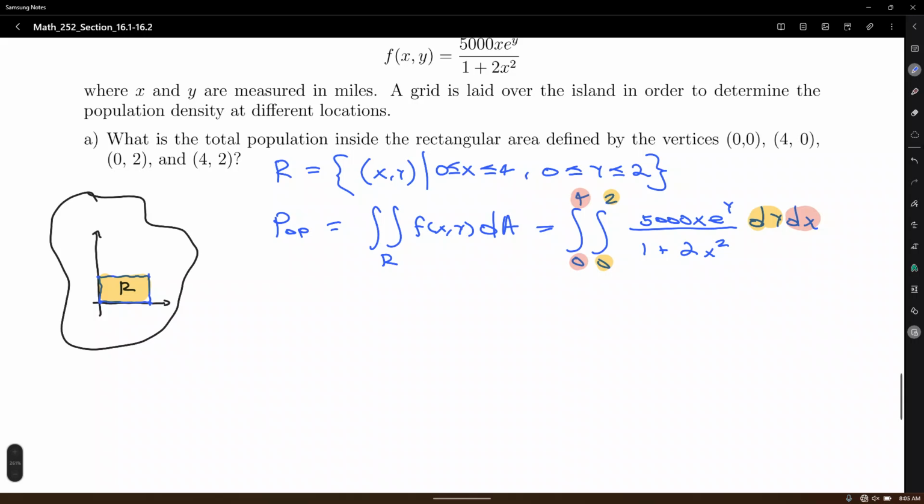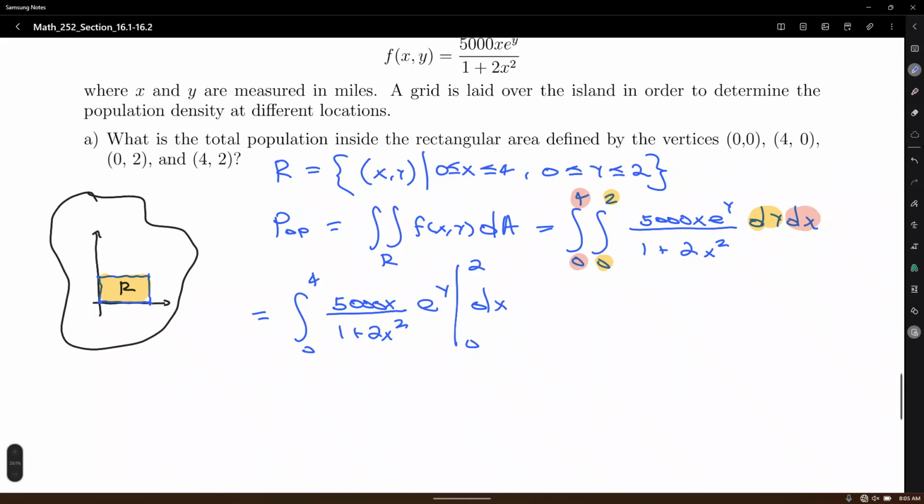Okay, so integrating e to the y, which will be itself, that equals the integral from 0 to 4 of 5,000x over 1 plus 2x squared times e to the y, from 0 to 2, dx.